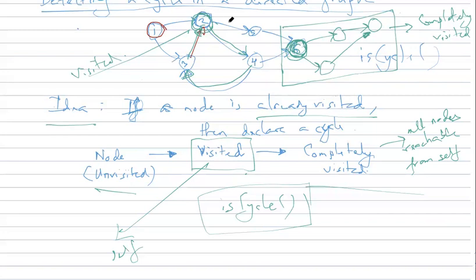Because the cycle can arise only when you are exploring through the reachable routes, right? And you arrive at yourself just through the reachable nodes. Therefore, it's still in the process of visiting as far as this extended definition of visiting is concerned. Is that clear?